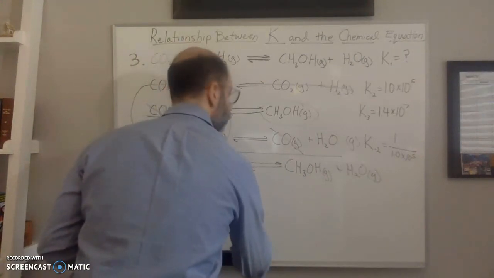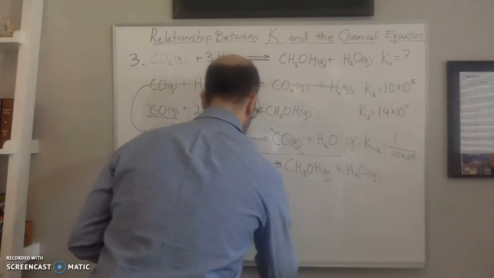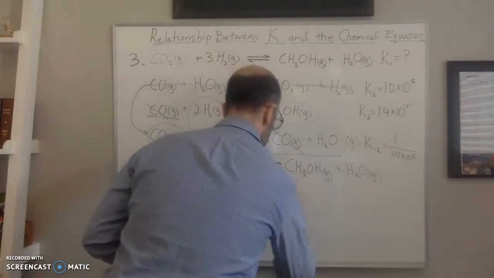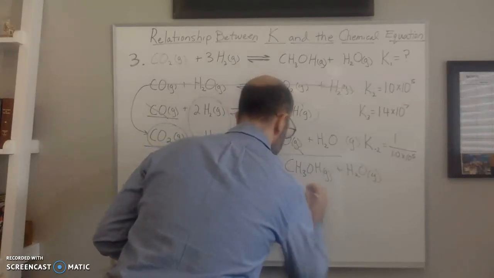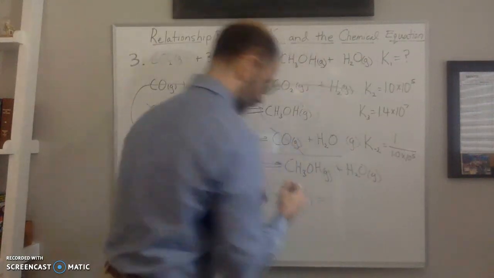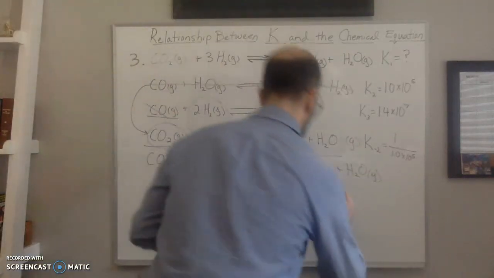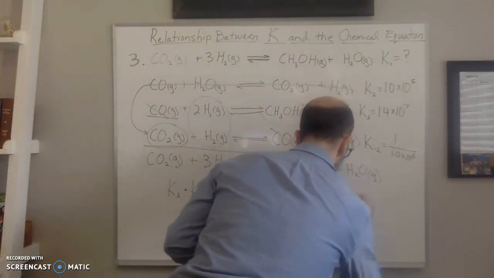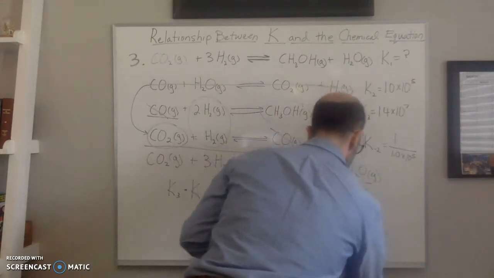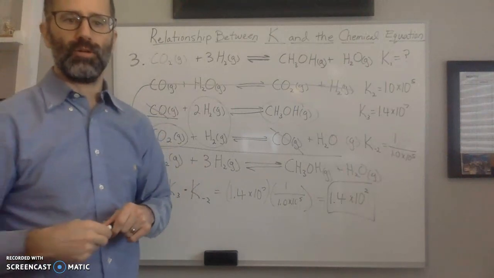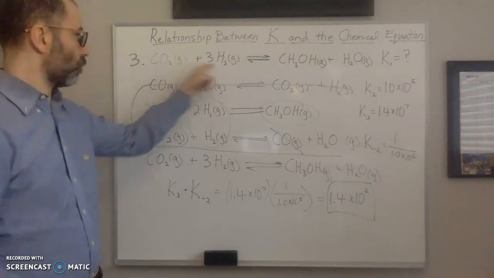So it's going to be 1.4 times 10 to the 7, multiplied by 1 over 1.0 times 10 to the 5th. And then we calculate that out, and this becomes 1.4 times 10 to the 2nd. So that is the resulting value of our equilibrium constant for this resulting equation, the one we wanted.